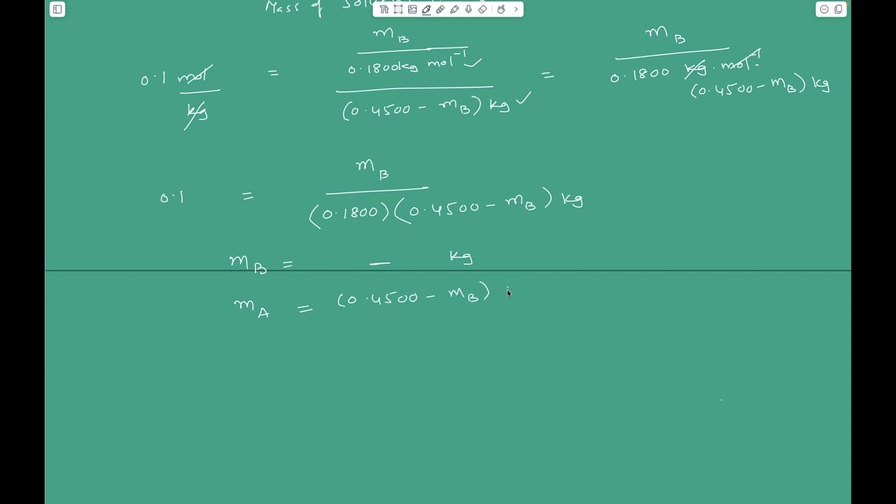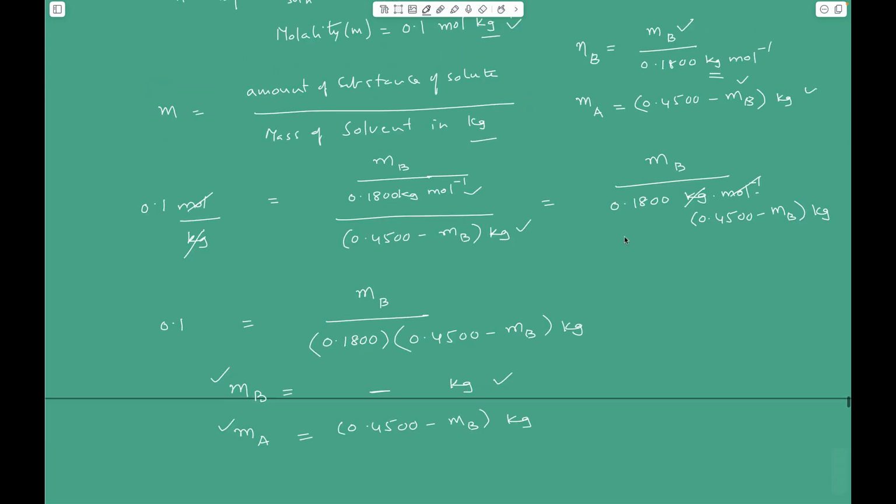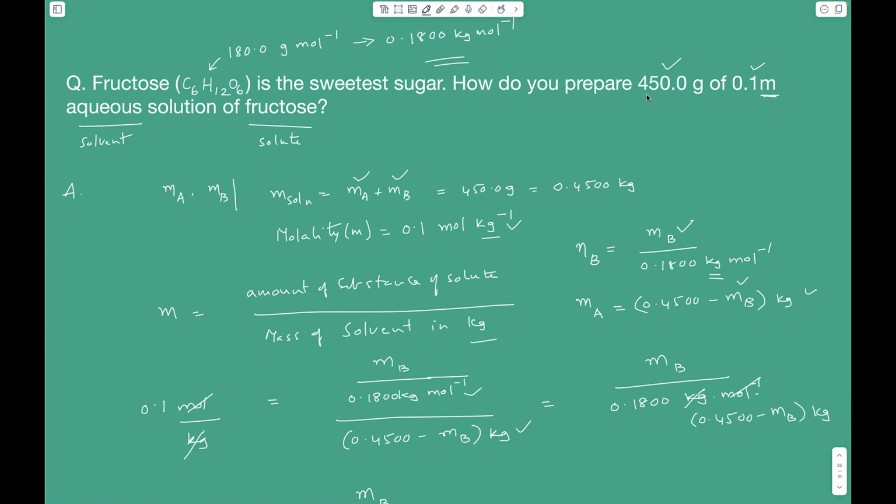So that is how you will figure out the mass of the solvent and the mass of the solute to prepare 450 grams of aqueous solution of fructose with this concentration.